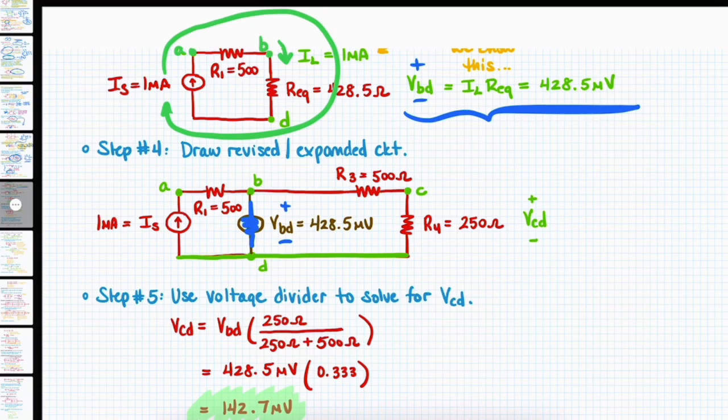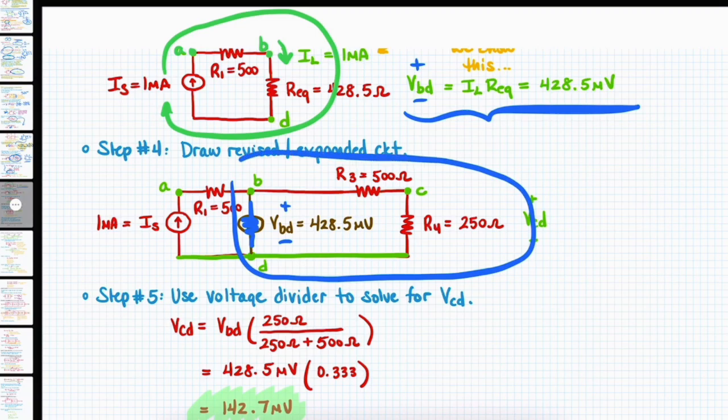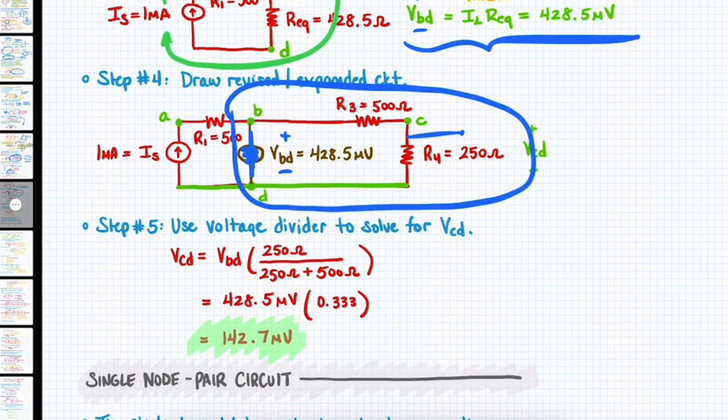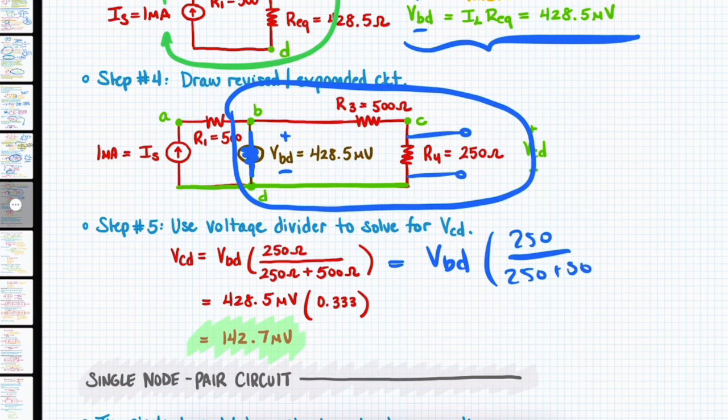We know VBD. If we just look at this portion of the circuit right here, we can imagine it as a voltage divider again, where we're trying to observe the voltage across R4. So that gives us VBD, which is our quote-unquote source being applied. It's a known voltage. And we have 250 over 250 plus 500.